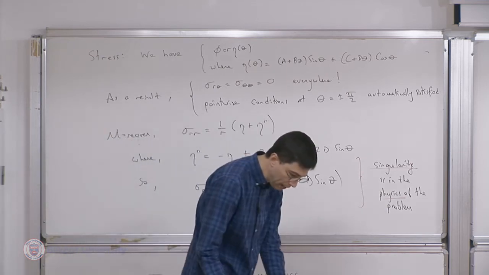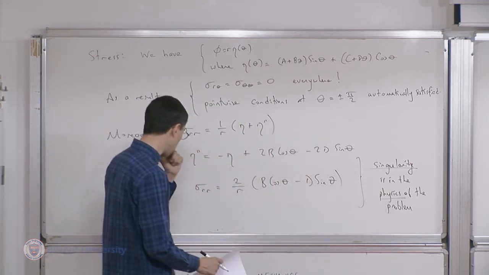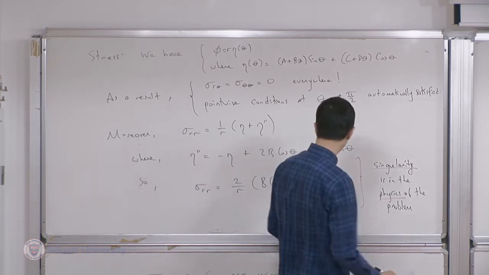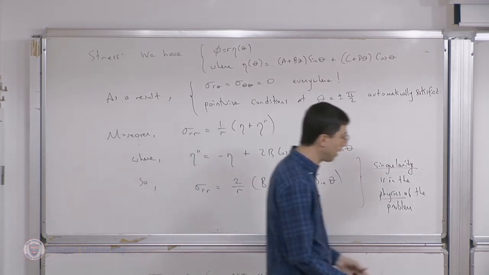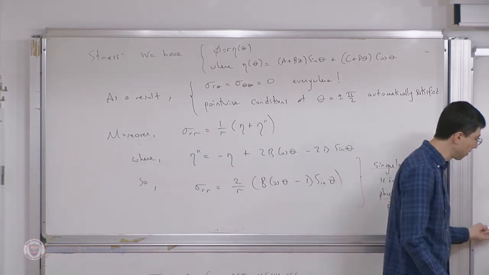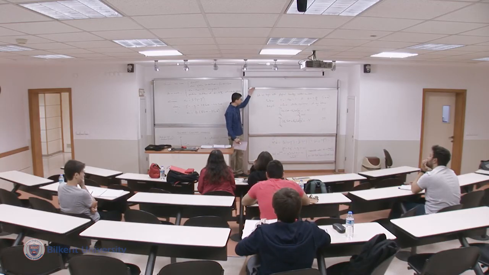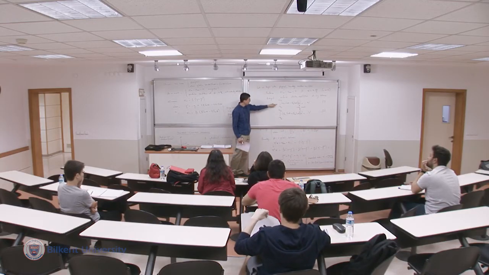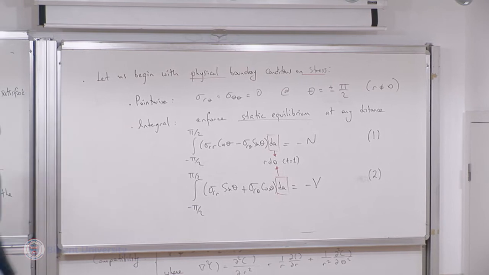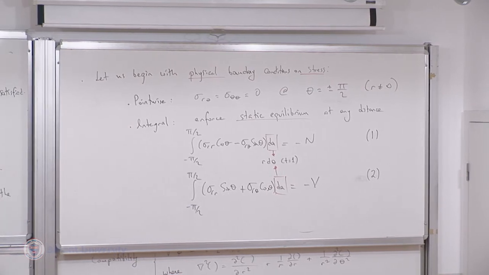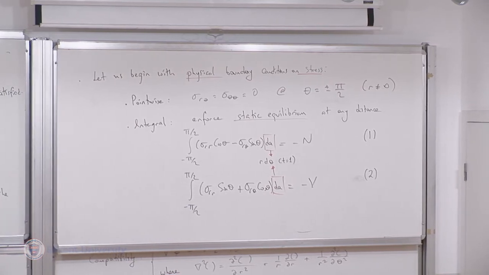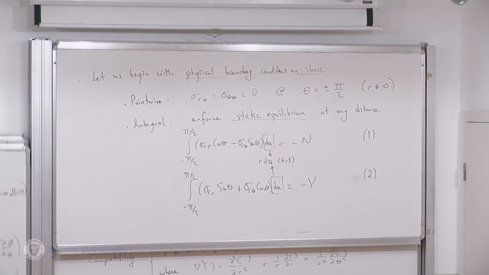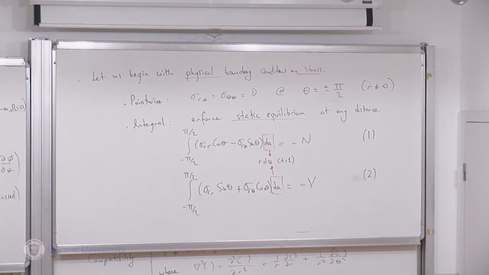And now let's go ahead and determine what these constants B and D are. So I have two constants, and I have two conditions on the stress. So I'll carry over this term to this board, which I'm about to erase.